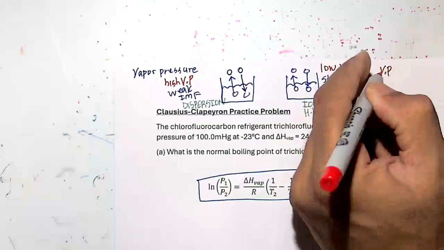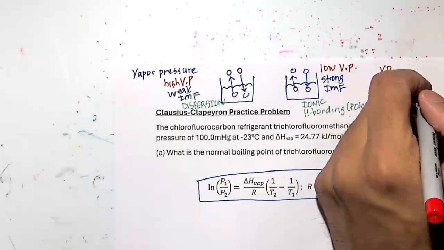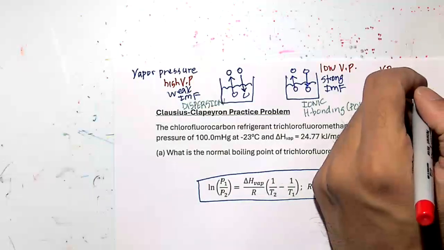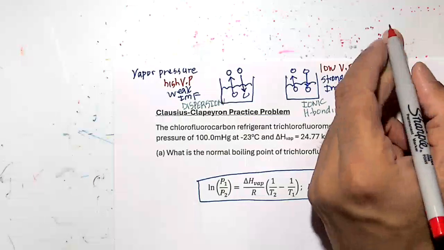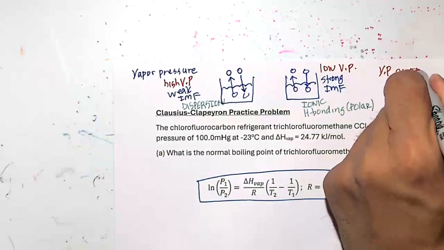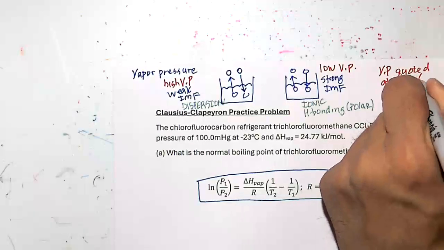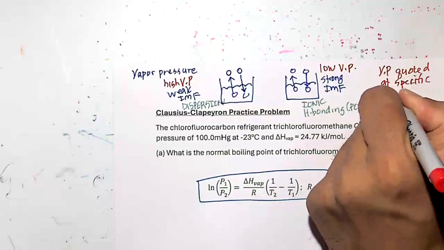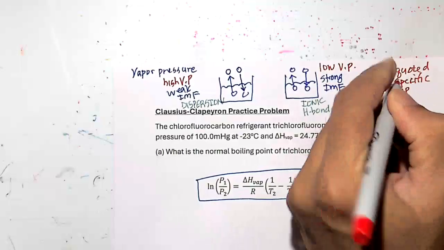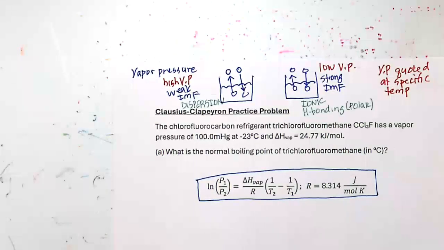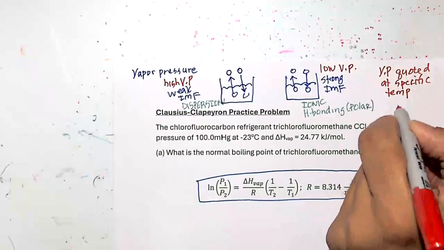One thing that you have to know is that vapor pressure is quoted at a specific temperature. You change the temperature, you're going to change the vapor pressure. So this is temperature dependent. Many things in this class are going to be temperature dependent.